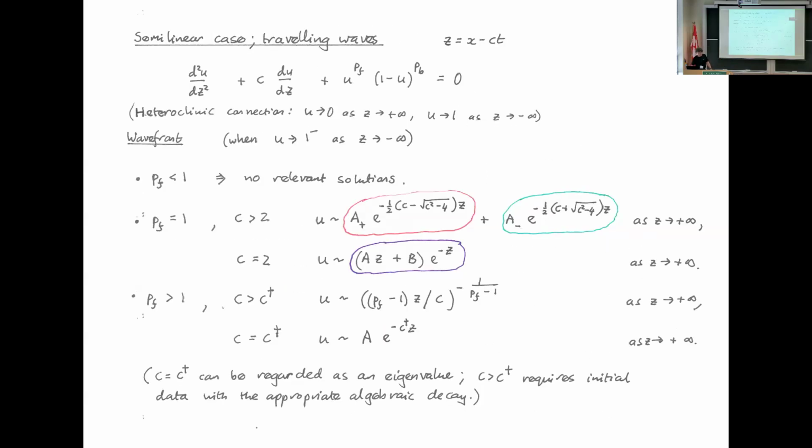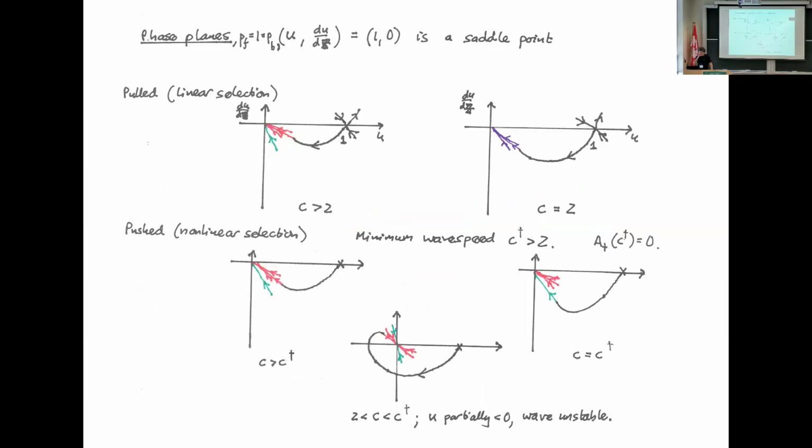Incidentally, the color scheme is going to reappear on the phase plane. So there's the slow decaying thing in red, there's a fast decaying thing in probably light blue, and then there's the purple thing, which is the degenerate node case. So what happens when the nonlinearity is such that you get a pulled front? As you reduce the wave speed, if C is big enough, you go in along the slow decay direction, the red curves.